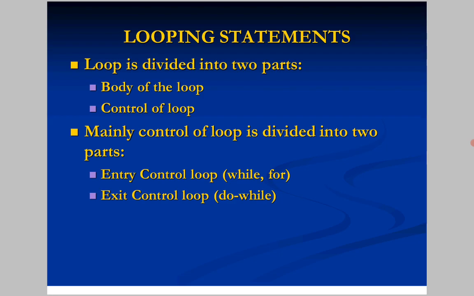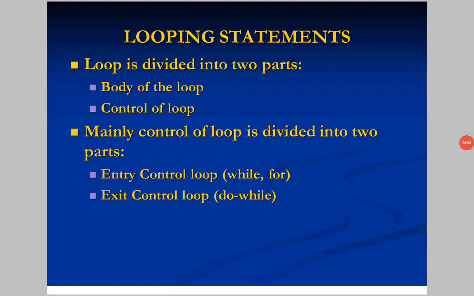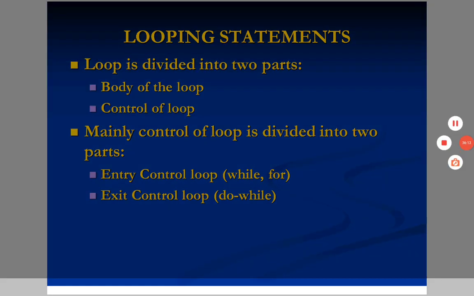Mainly, control of the loop is divided into two types: entry control loop and exit control loop. So loops or looping statements have two parts: body of the loop, meaning the group of statements used, and control of the loop, meaning the condition given in the looping statement.